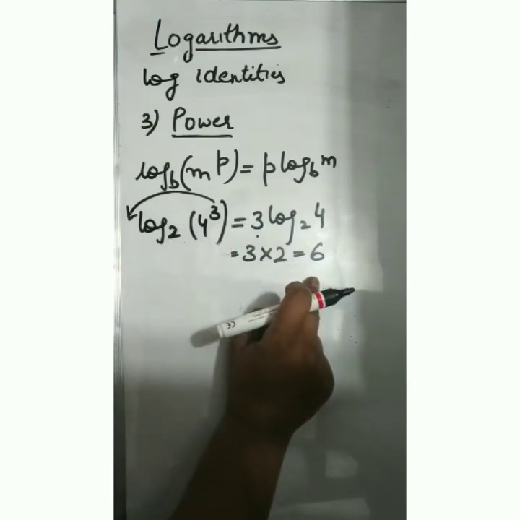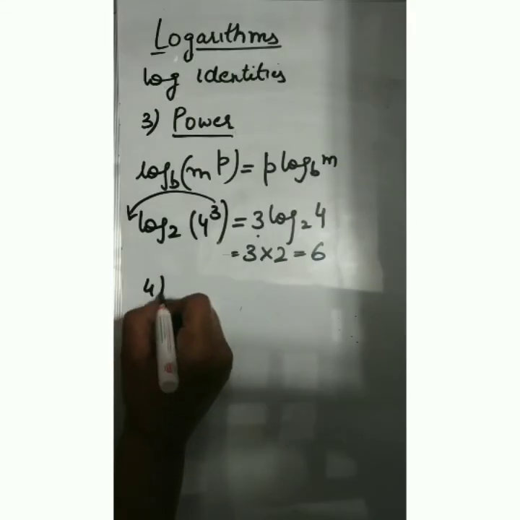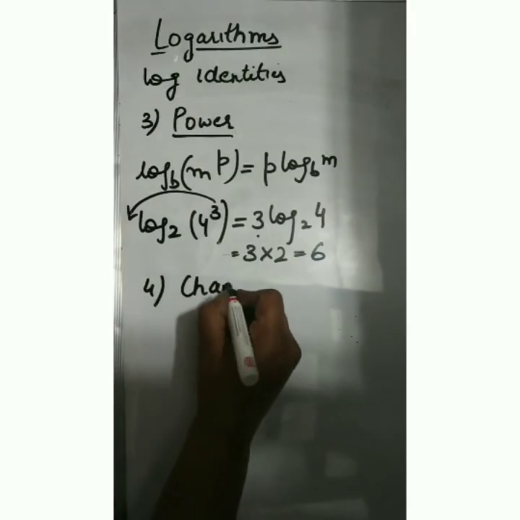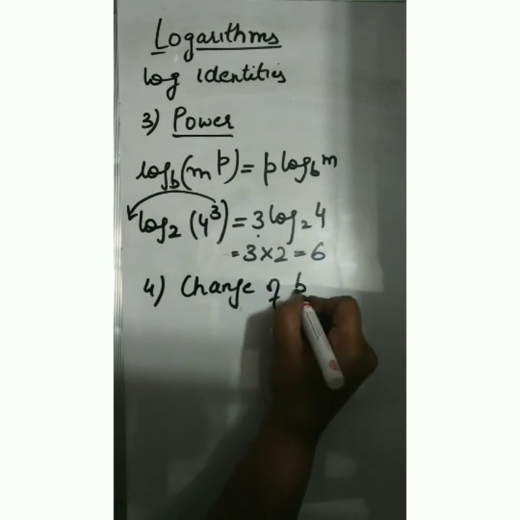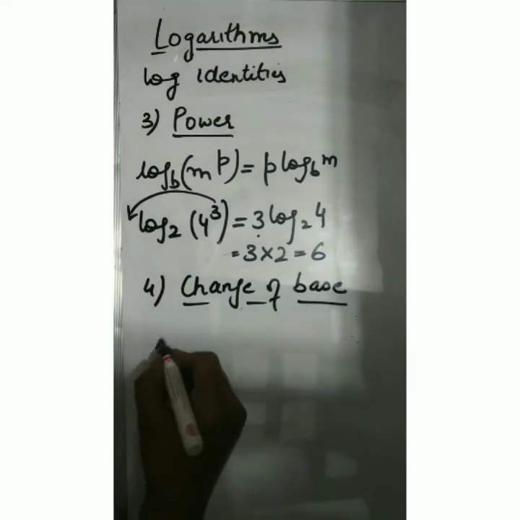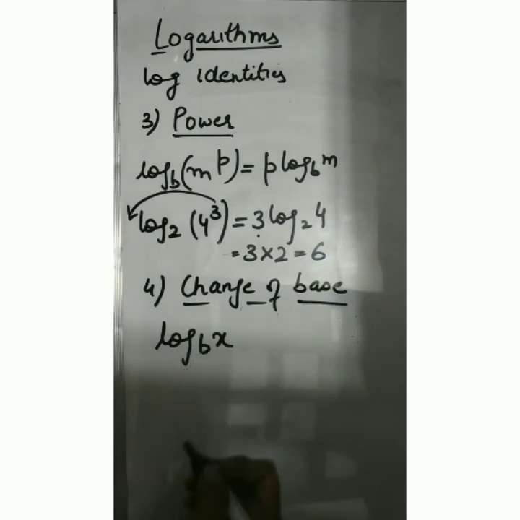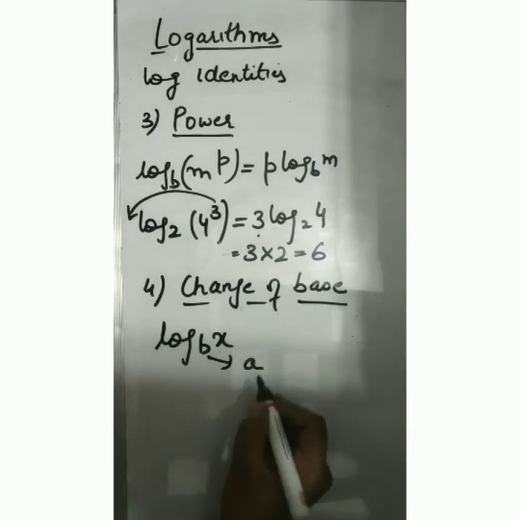This is the power identity. Now let us take the last log identity, which is change of base. We can change the bases also, right? Suppose we are given log of a number x with respect to base b, and we want to change this base to some other number a.